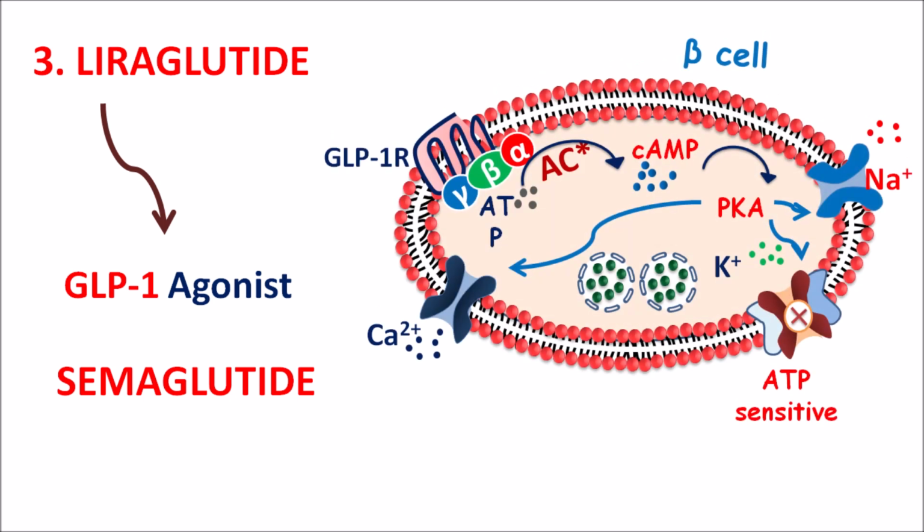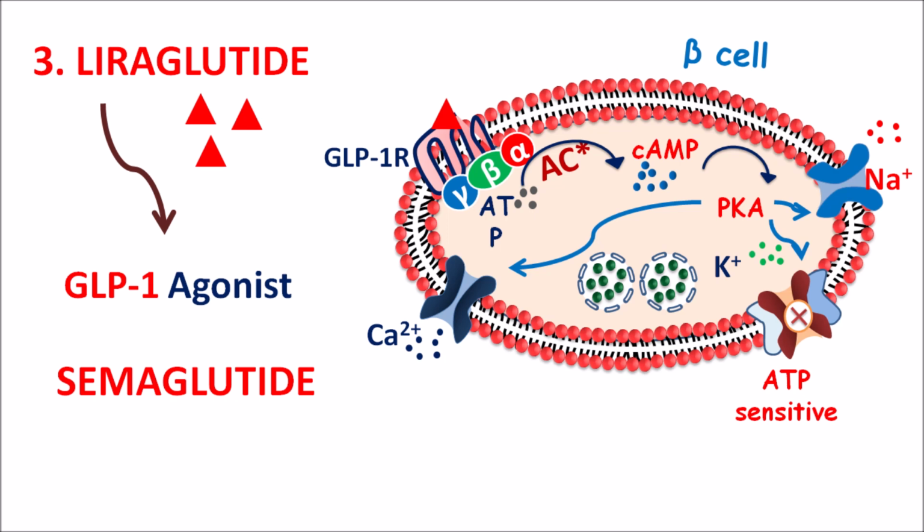This is the beta cell. This beta cell expresses glucagon-like peptide 1 receptors, which are G protein coupled receptors. Now drugs like liraglutide can act on the GLP-1 receptor as agonists, which activates the adenylyl cyclase system, resulting in the release of cyclic AMP.